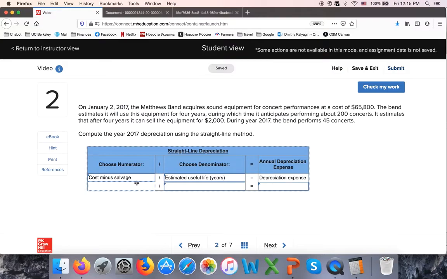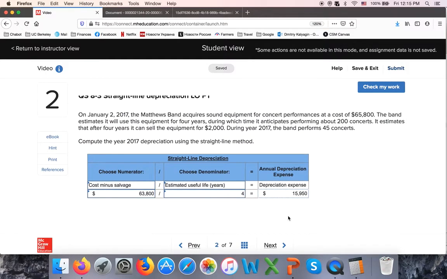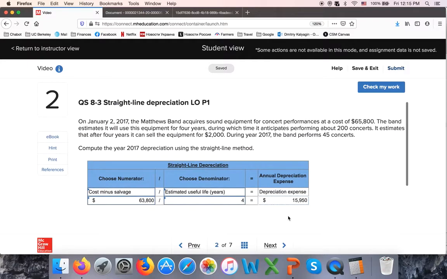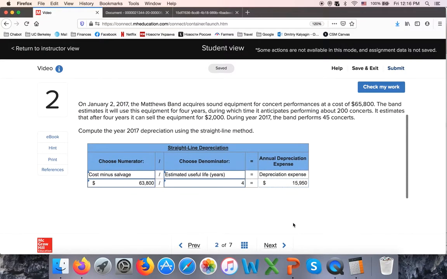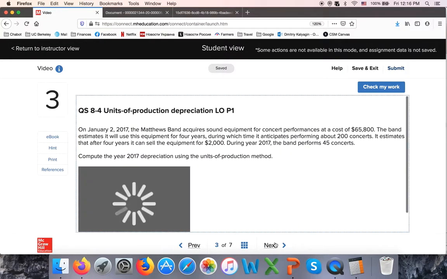So my cost minus salvage value is $63,800, and the useful life is 4 years. So depreciation expense when I divide it is going to be 15,950. That's it, very simple.